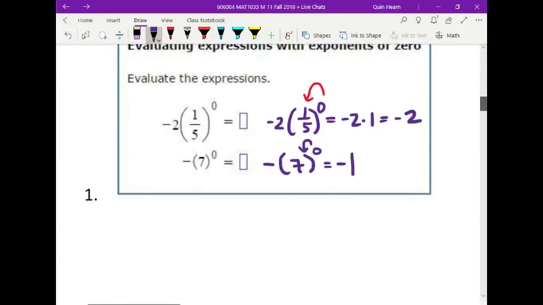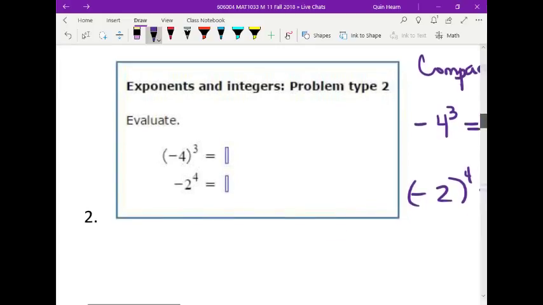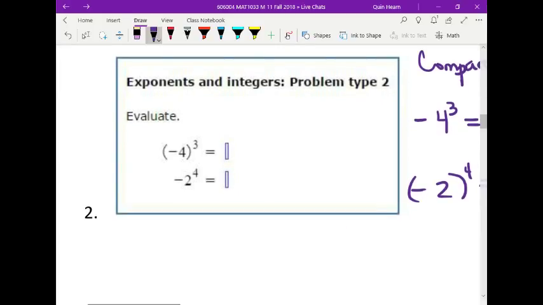Okay, let's look at some more. On this one, I just want to remind you of the difference between when parentheses are included and when they're not. For example, here, if you have negative 4 to the third power, the whole thing is affected. So that's like telling you to multiply negative 4 times itself 3 times.